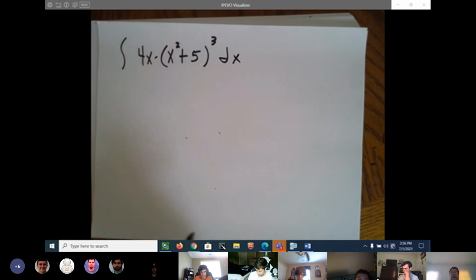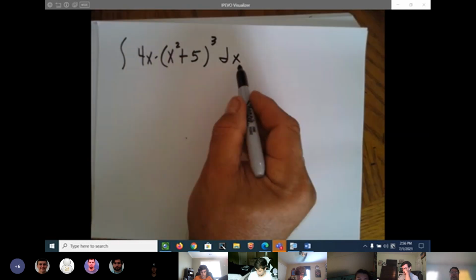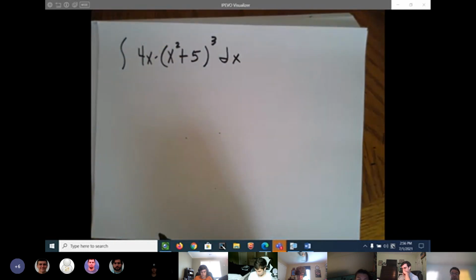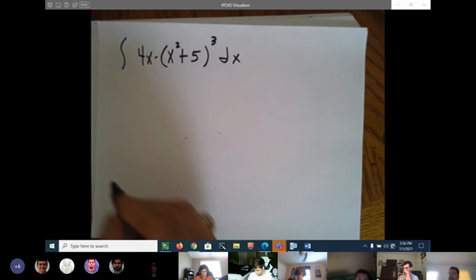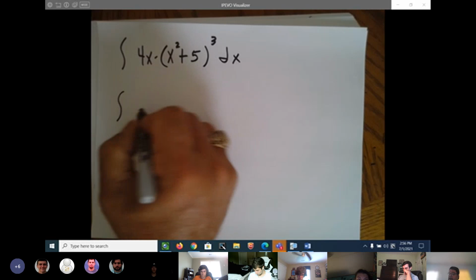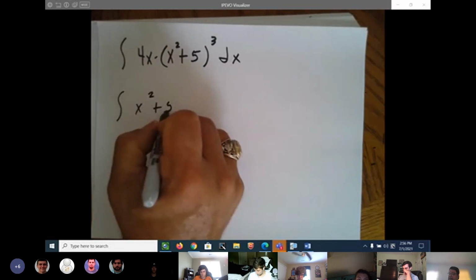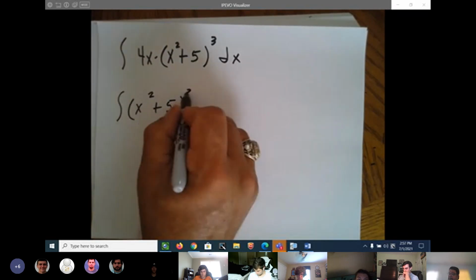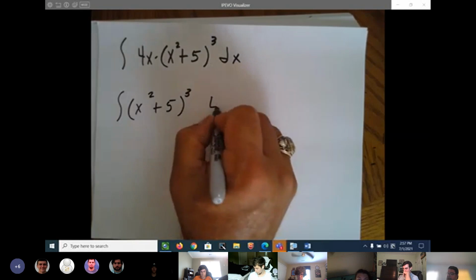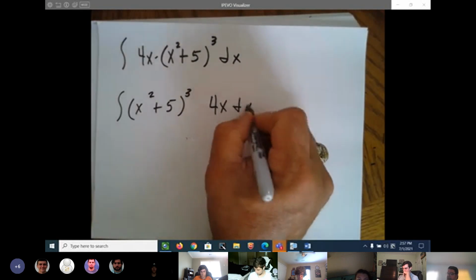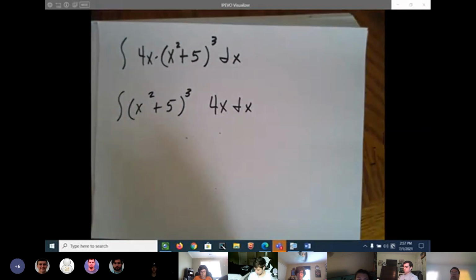So you can turn it around and put the 4x with the dx. And that's going to give me x squared plus 5 to the 3rd, 4x dx. Everybody with me? Now you should all be able to do that. That's nothing involved there but the commutative law of multiplication.